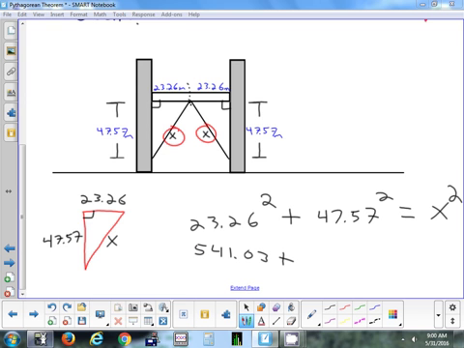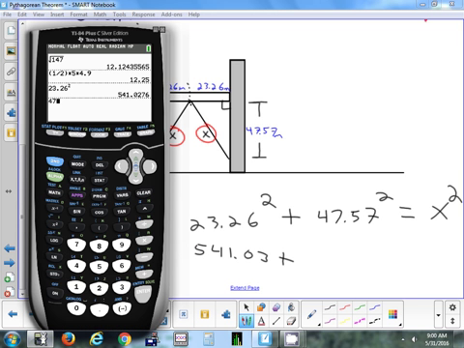Plus, okay, now I need 47.57 squared. All right, who can tell me what that would round to? We just took 23.26 and squared it.